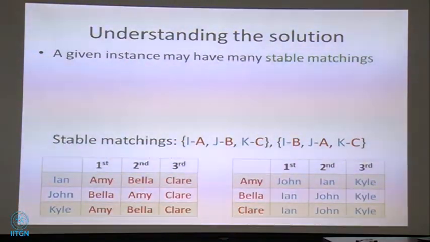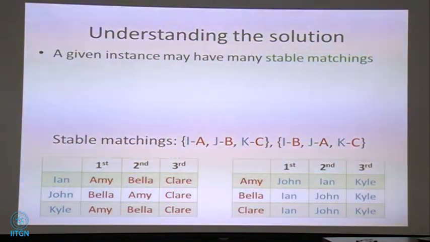So which of those stable matchings would be produced by Gale-Shapley? Gale-Shapley would actually run completely trivially here. Ian would go out and propose to Amy, so they're provisionally matched. John goes out and proposes to Bella, they're provisionally matched. Then Kyle tries his luck. He proposes to Amy, gets rejected, she doesn't like him.